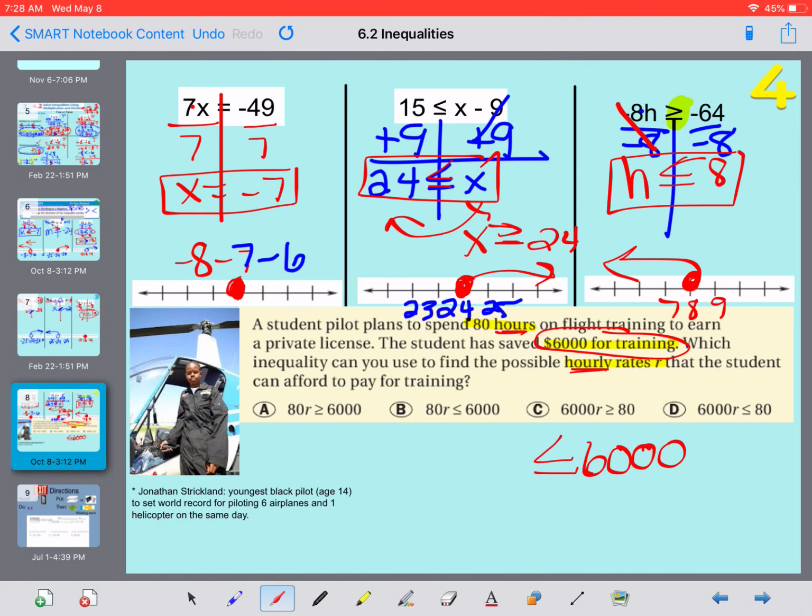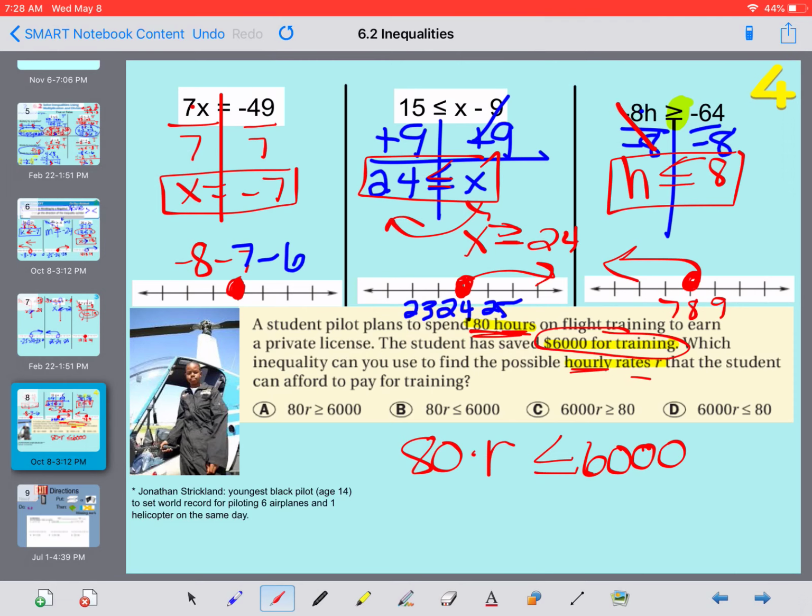Well, his training, and he needs to spend 80 hours on training, multiplied by whatever it costs. Oh, excuse me. 80 hours on training multiplied by whatever the rate is, R. So our 80R has to be less than or equal to $6,000.